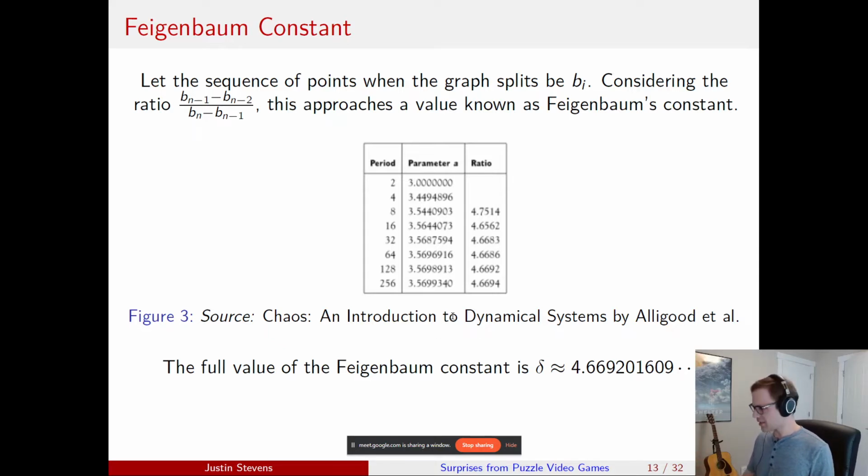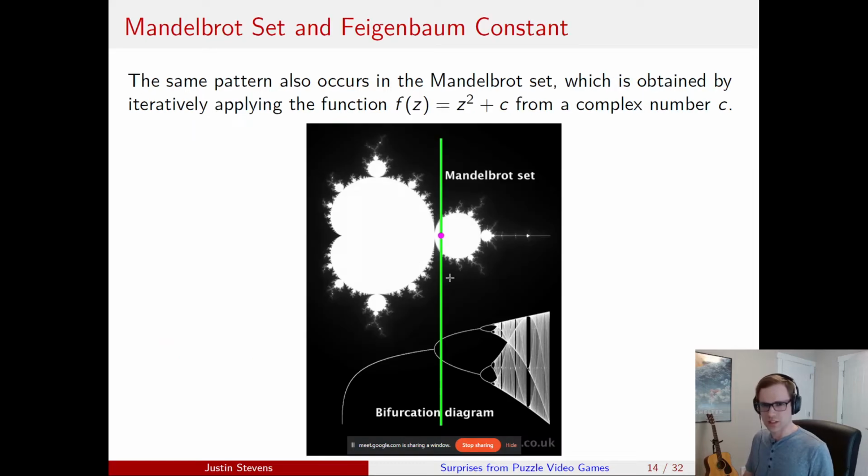Now, this might not seem super surprising. It's a weird sequence, we had some randomness, but we found some known order within it. But actually, this constant shows up in so many unexpected places. Take the Mandelbrot set, which is basically, again, applying a simple quadratic function and then seeing which points extend off to infinity and which stay bounded within a certain region. This produces a really chaotic system.